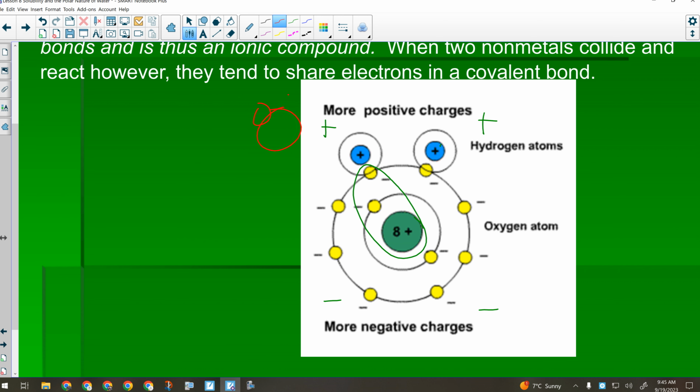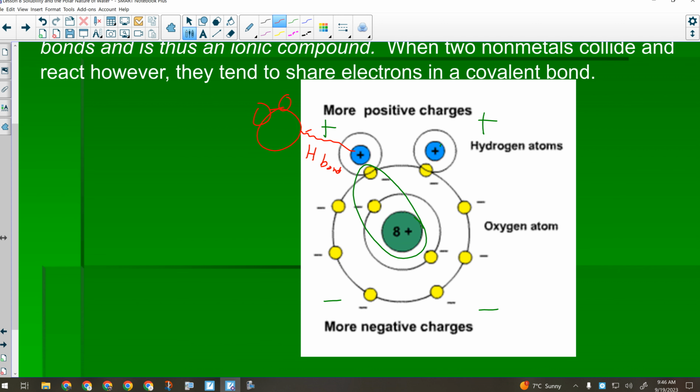Okay? If the negative end of that water molecule comes by here, it's going to be attracted to this positive part. Okay? And they'll form what's called a hydrogen bond, because hydrogen's involved. Okay? So they'll form this hydrogen bond and they'll link up.